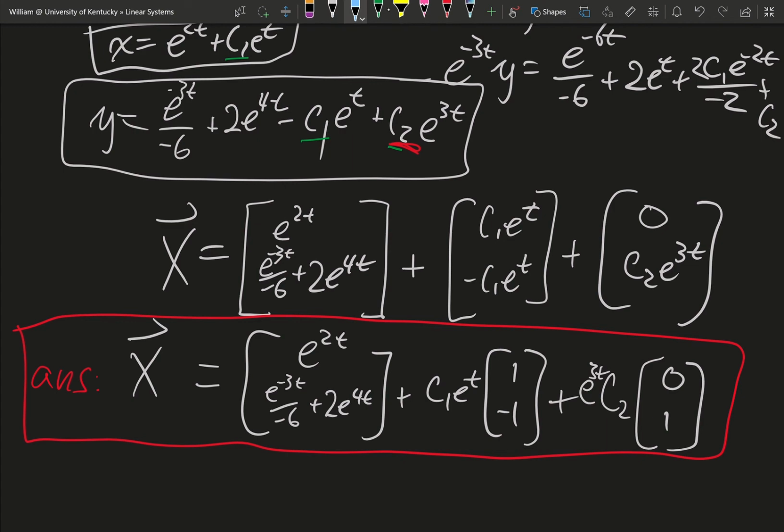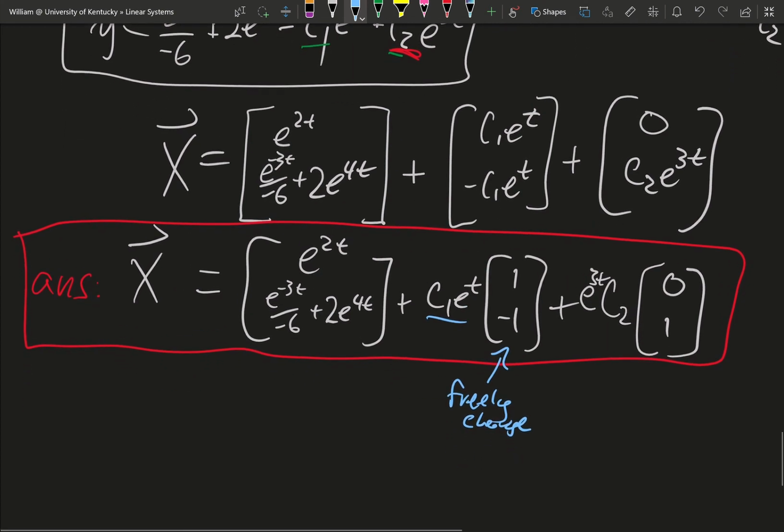The second thing is, once we have it in this form, it's easier to modify C1. We can freely scale this vector.